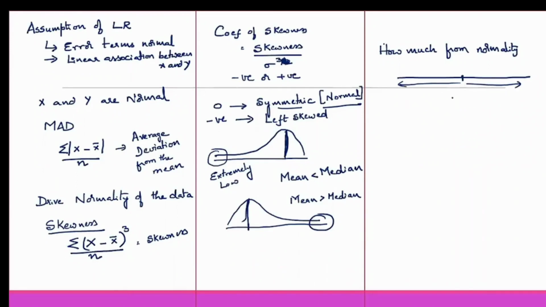If they are more or less similar, then it looks symmetric. But otherwise, if I see that the mean value is here, the minimum is here, but the maximum is far away, in all probability there could be positive skewness in that kind of data.